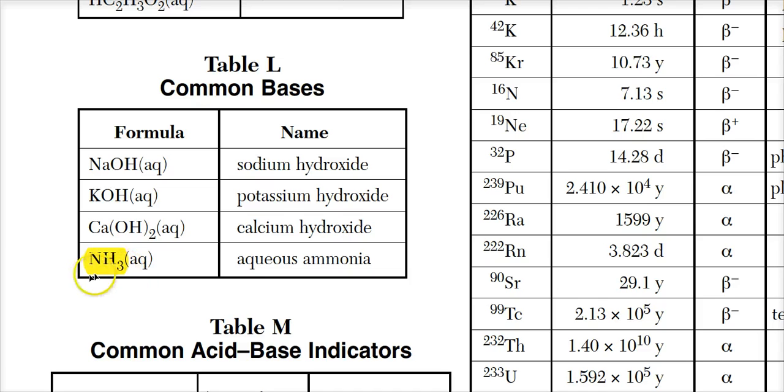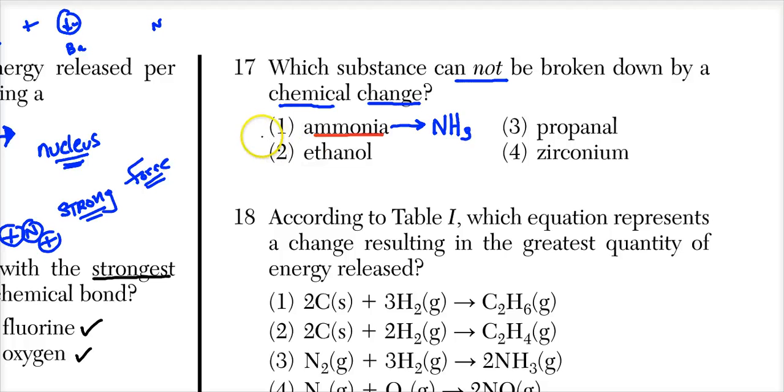If you forget that compound is NH3, Table L shows it as one of the common bases that you'll see in this course. So aqueous ammonia is NH3, and there are two different capitals, so there are three bonds, and therefore you could break this into its individual elements. So we can cross off choice 1 because that can be broken down. There are bonds to be broken because there are two different elements.